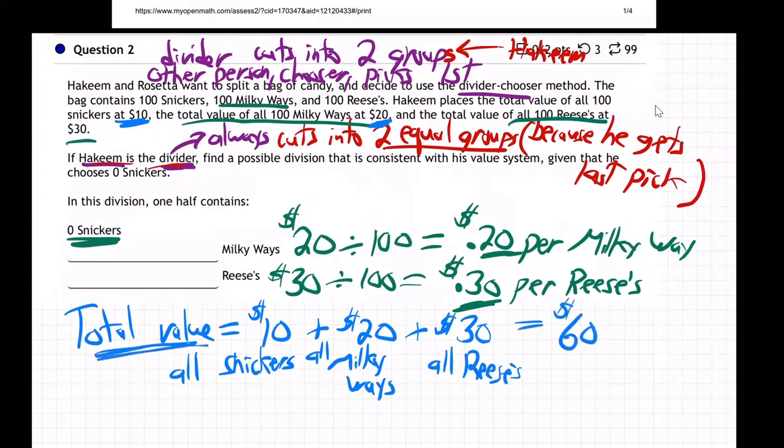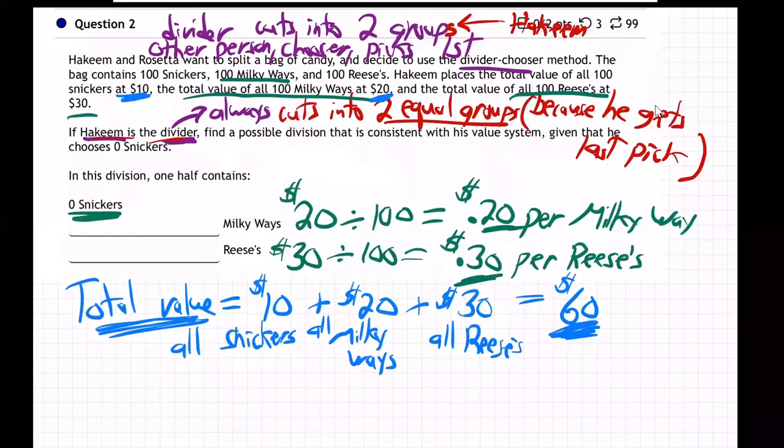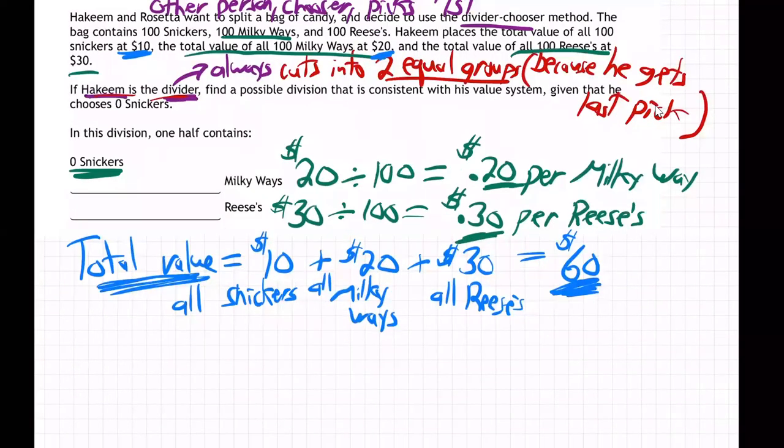That's the total value of all the candy to Hakeem: $60. $10 for the Snickers, 20 for the Milky Ways, 30 for all those. So therefore, half the value is going to be $60 divided by 2.